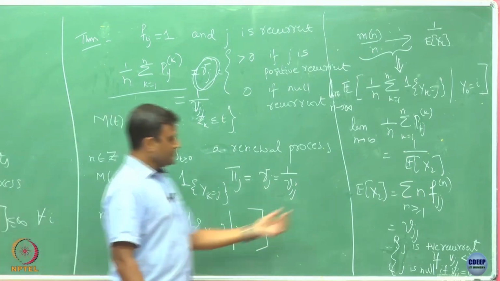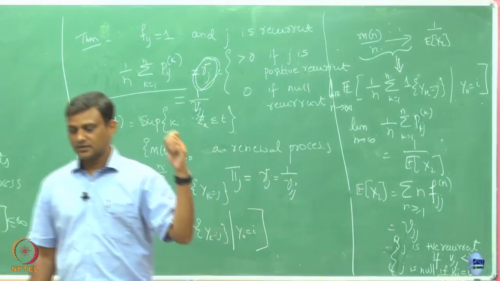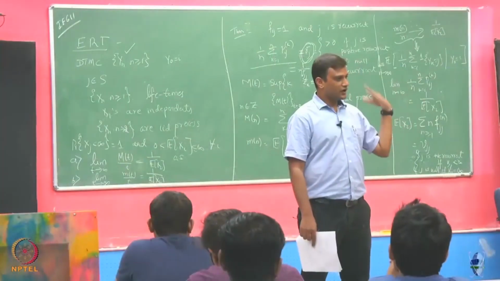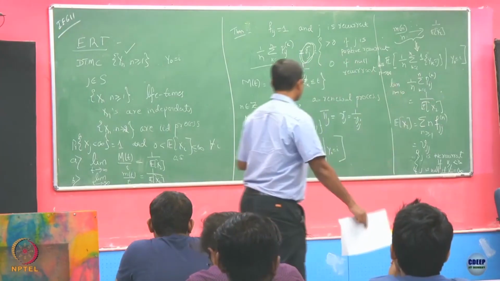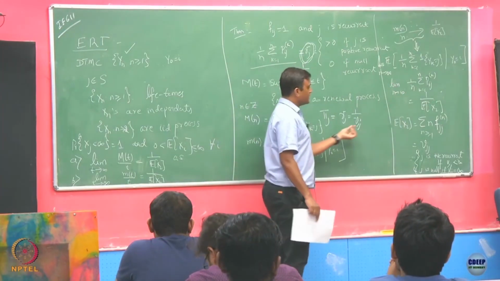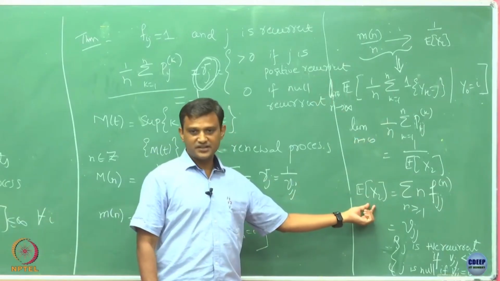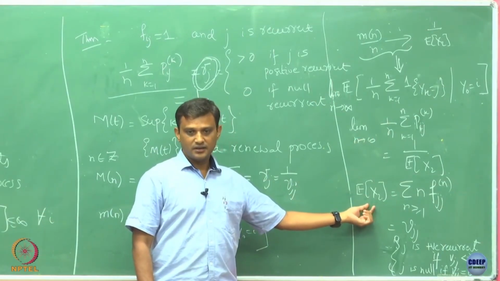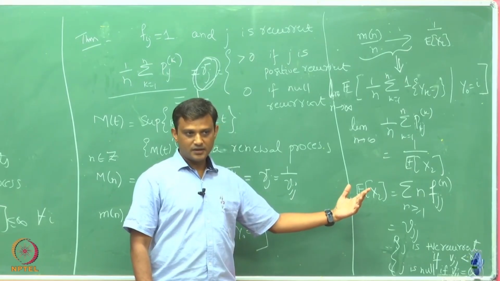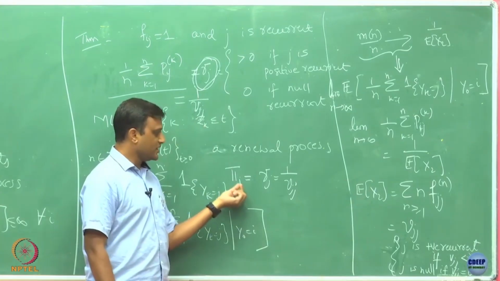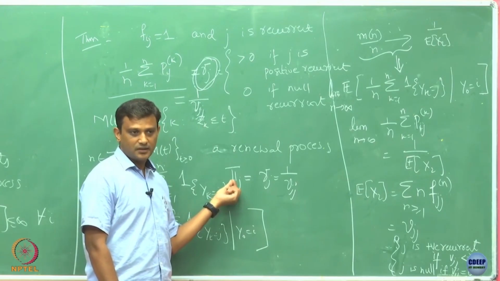This expectation is about the number of rounds to return to state j, right? Now if I am going to return to that state often, then this expectation is going to be small. Then pi j for the corresponding j is going to be large.